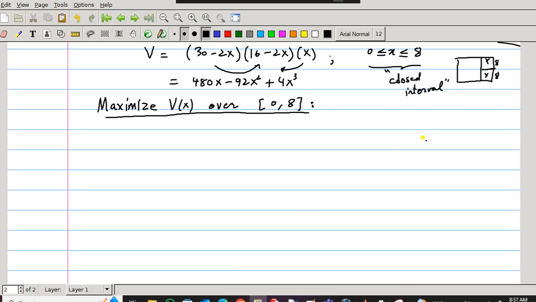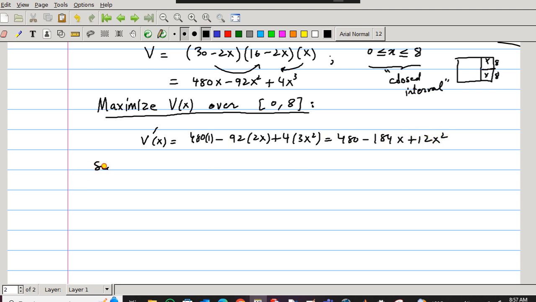Now let's do two steps. Step 1 is to find the derivative of V of x. The derivative will become 480 into 1, minus 92 into 2x, plus 4 into 3x square. So that becomes 480 minus 184x plus 12x square.